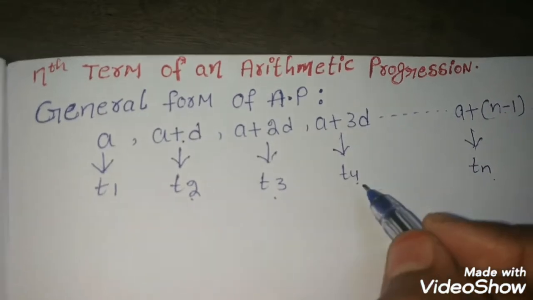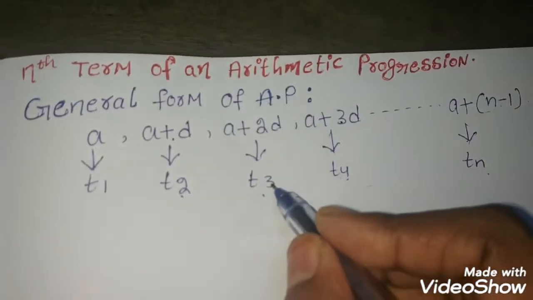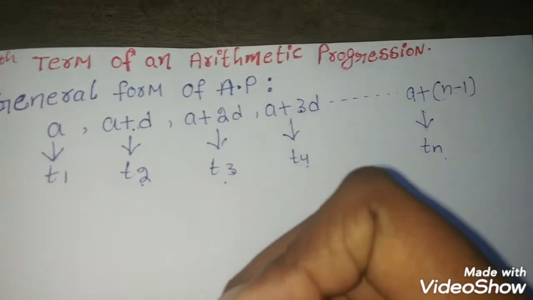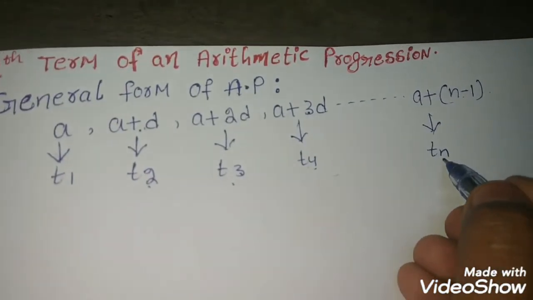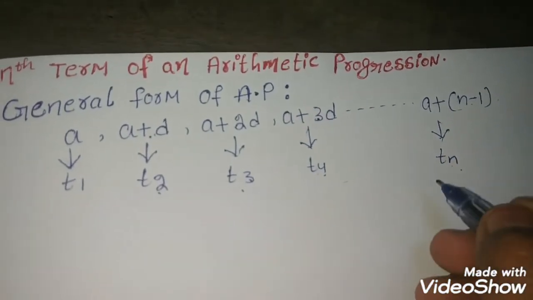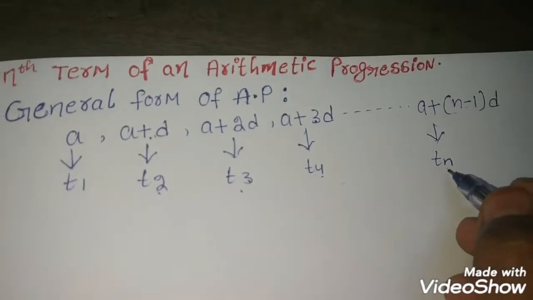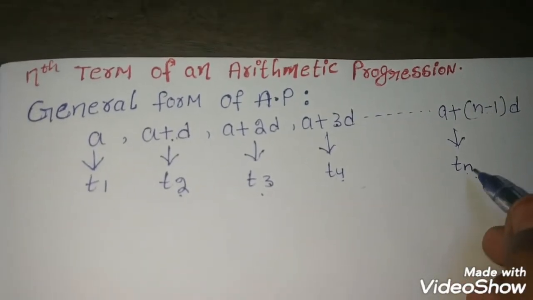See here, preceding of 4 is 3, preceding of 3 is 2, preceding of 2 is 1. So what is the preceding of n? That is n minus 1, into d.